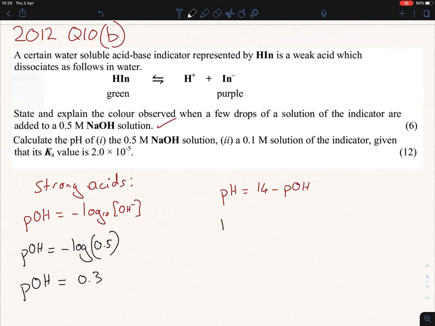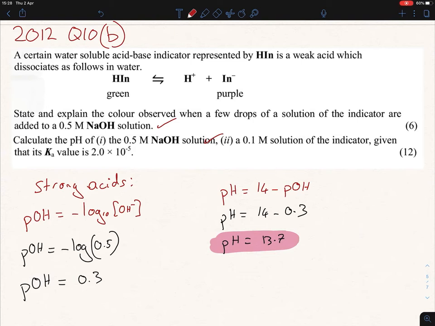So we come back over here, pH equals 14 minus 0.3, pH equals 13.7. And that makes sense because sodium hydroxide is a strong base, and therefore should be close to the 14 mark. So we have the first one done, in which we were asked to find the pH of the sodium hydroxide solution.